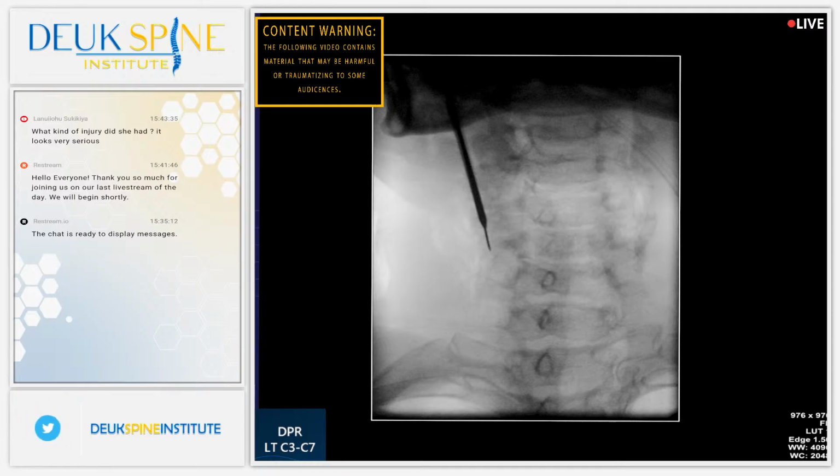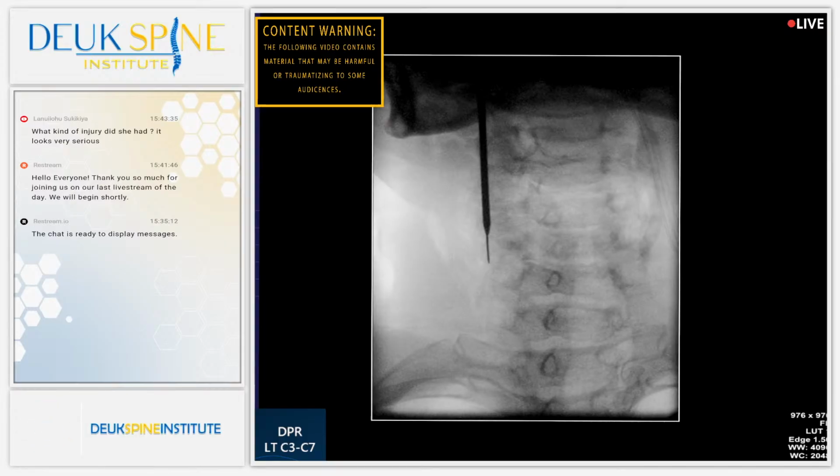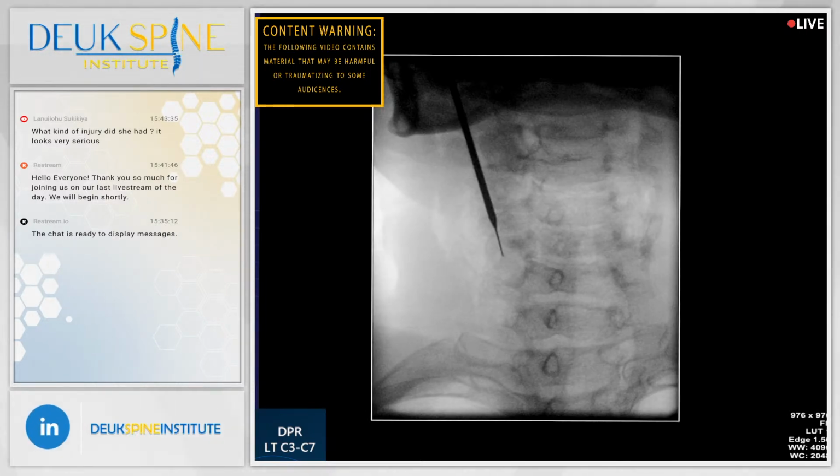And that is a permanent fix. The other option would be to do a fusion of her whole spine. By fusing the spine, we can get rid of her pain, but we would also lose movement. We don't want to lose movement. We don't want to take the movement away. We just want to take the pain away.